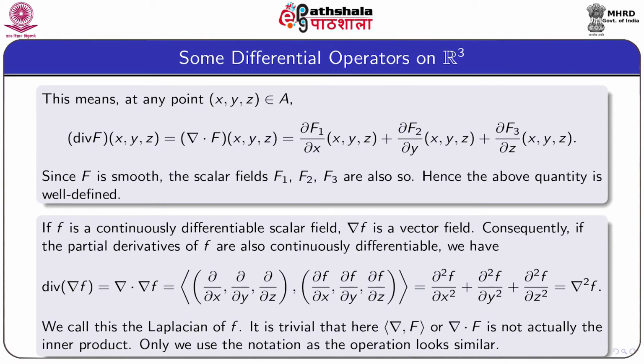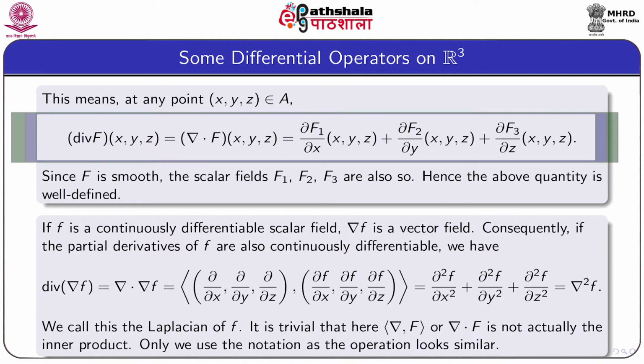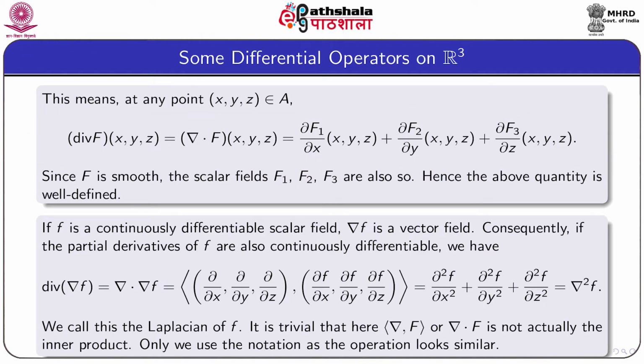This means at any point (x,y,z) in A, divergence f at (x,y,z) equals ∂f1/∂x(x,y,z) plus ∂f2/∂y(x,y,z) plus ∂f3/∂z(x,y,z). Since the vector field f is smooth, the scalar fields f1, f2, f3 are also so. Hence, the above quantity is well defined.